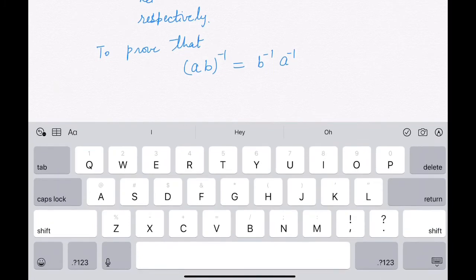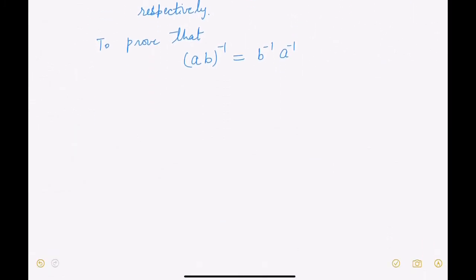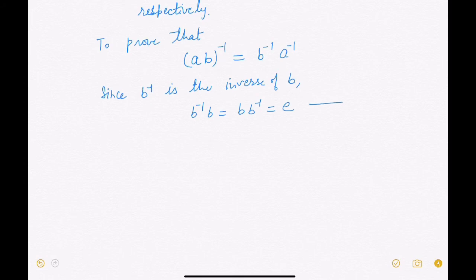Since B inverse is the inverse of B, B inverse B gives us the identity element.